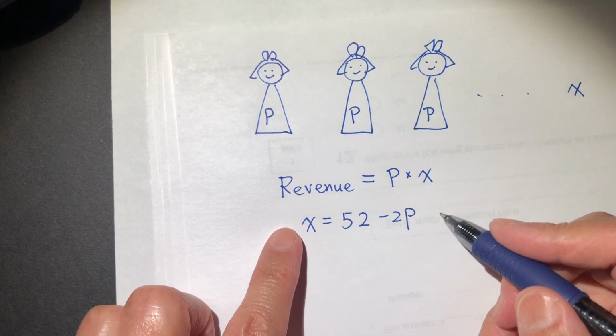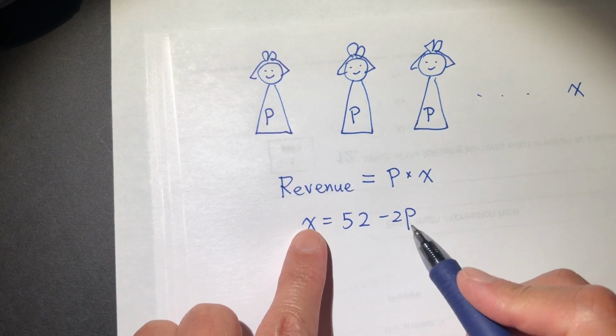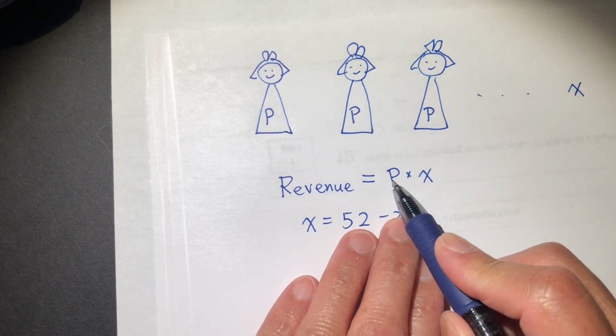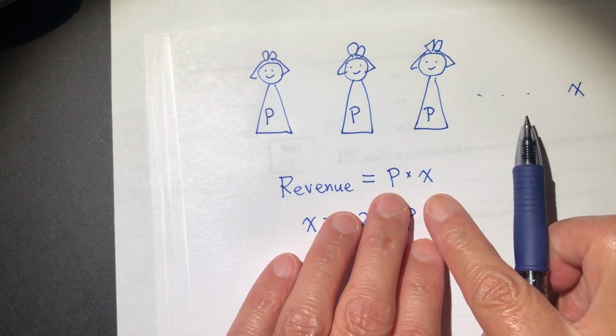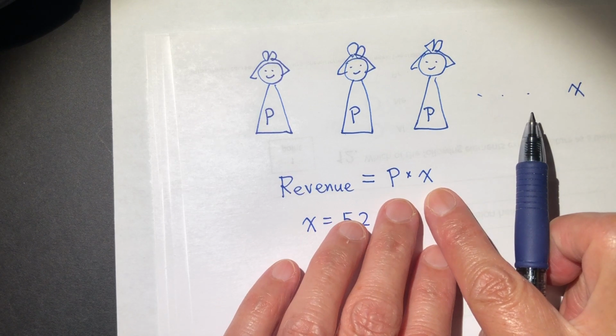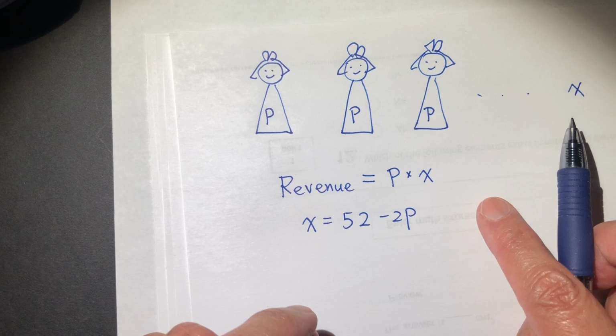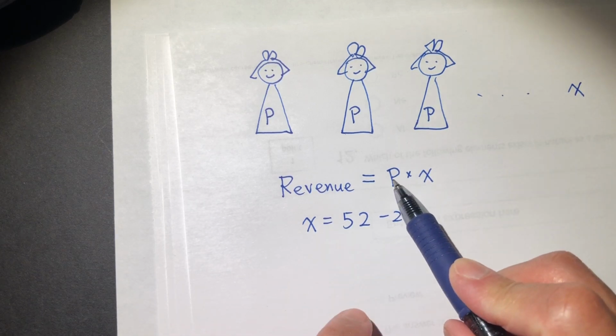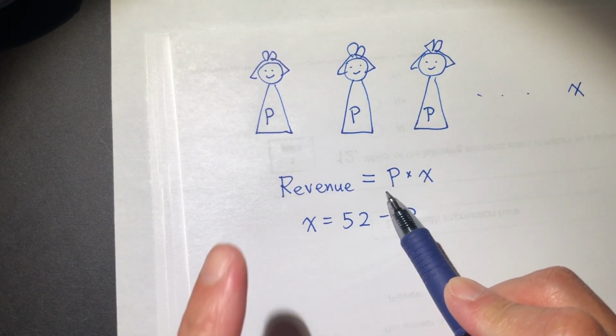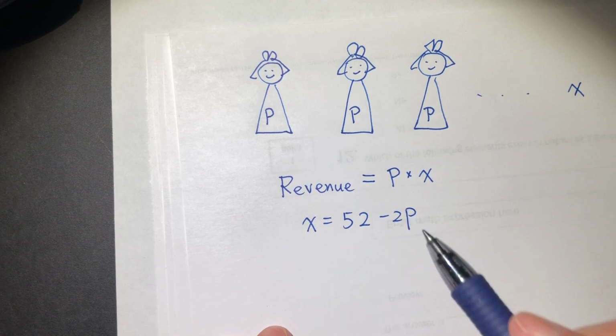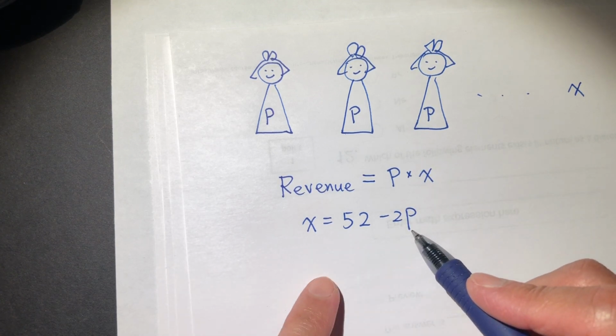So Miles' revenue equals what? Equals P times X. But here we have 2 variables. The question asks us at what price range, so price is the core variable we want to understand.